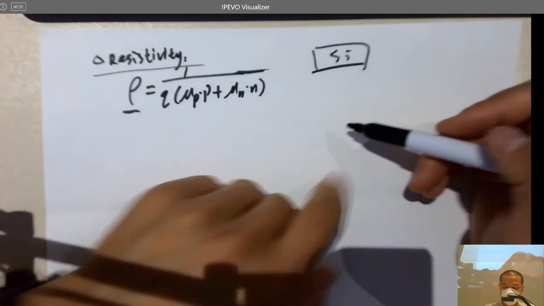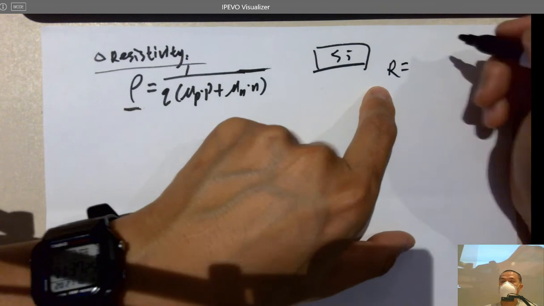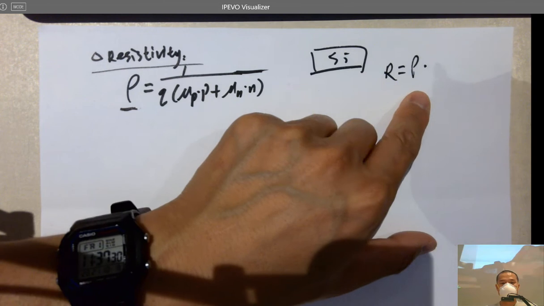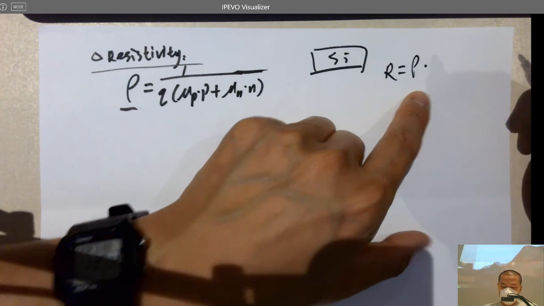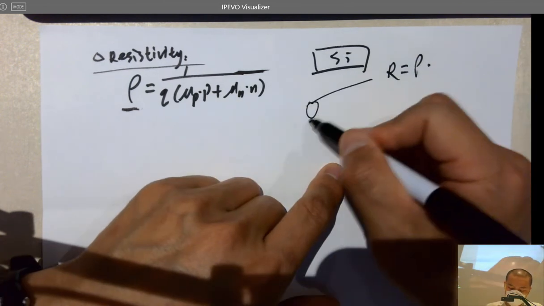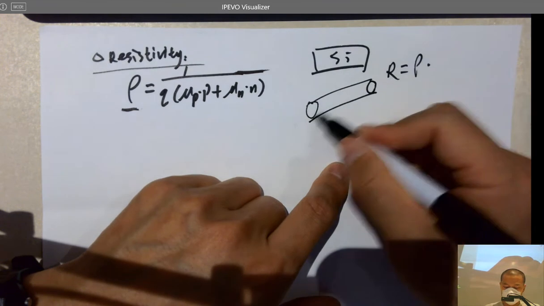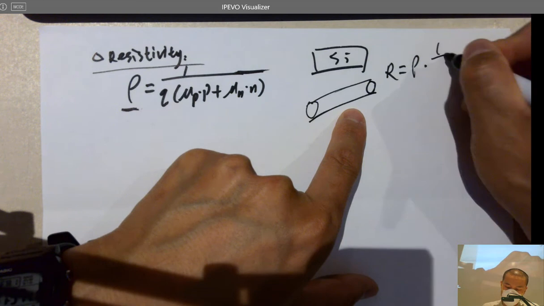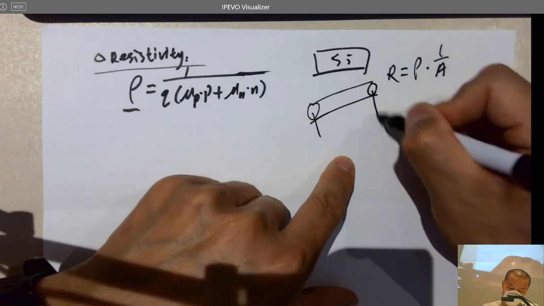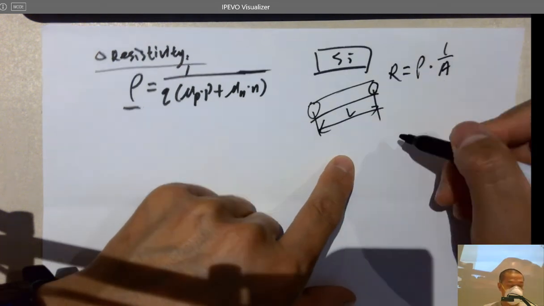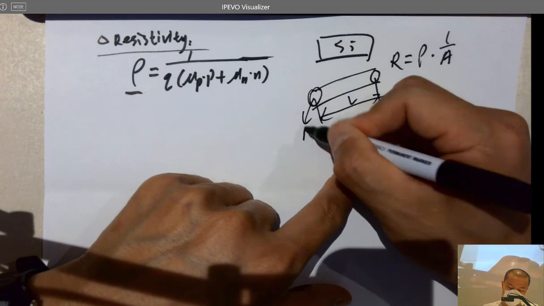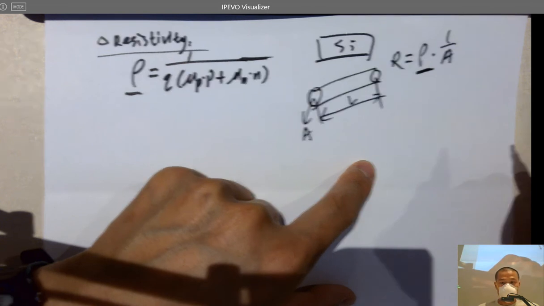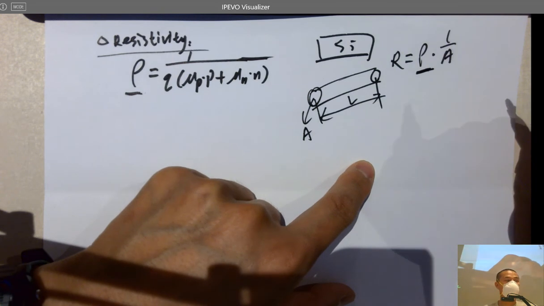How do you calculate the resistance from resistivity, remember? It's rho times L over A, for a piece of wire, a rod. L is the length, A is the cross-sectional area, and times the resistivity will be the resistance of the material.